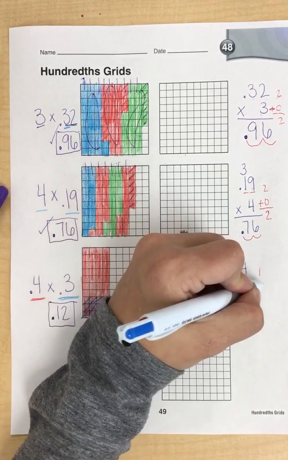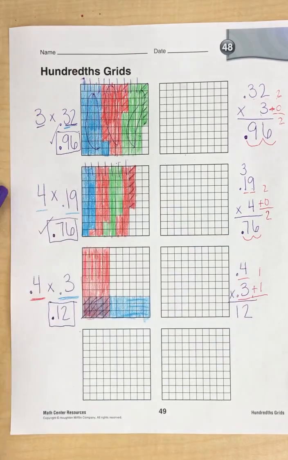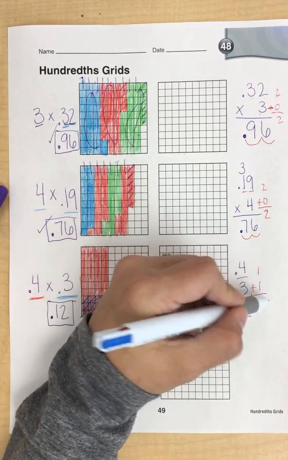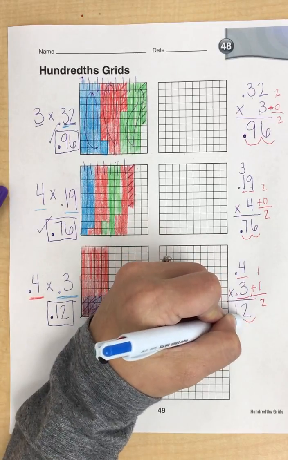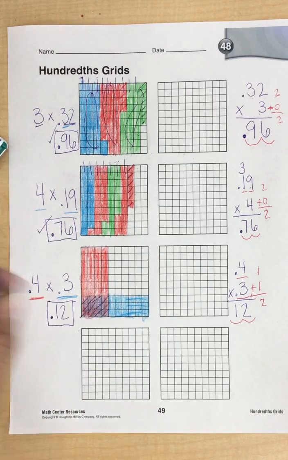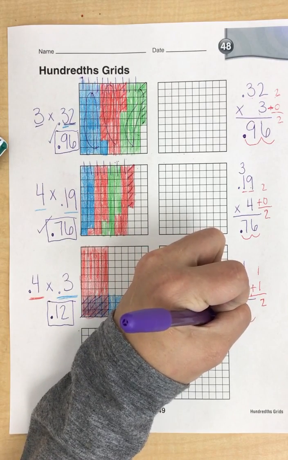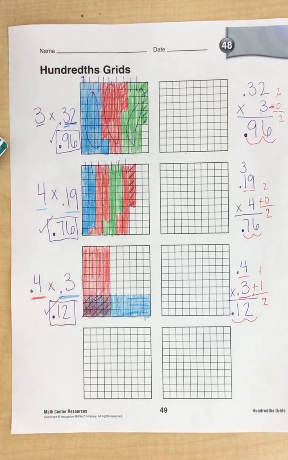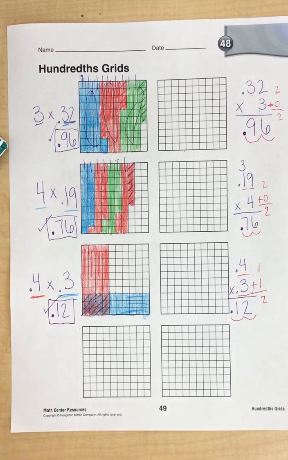I have one number behind my decimal on the bottom row. So 1 plus 1 is 2. So I need to move my decimal over 2 times. So my product is 12 hundredths, and that matches what my model said, so it is correct.